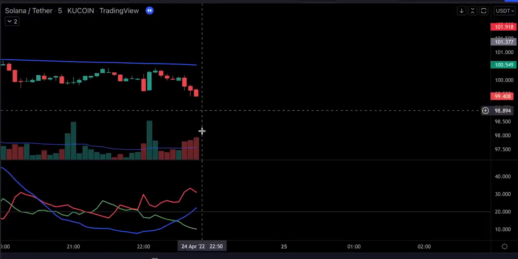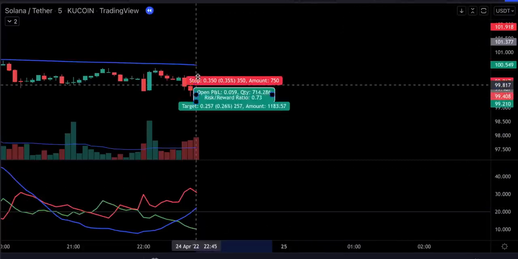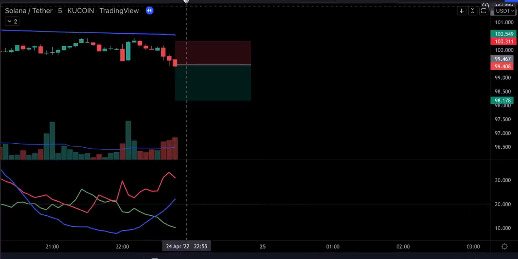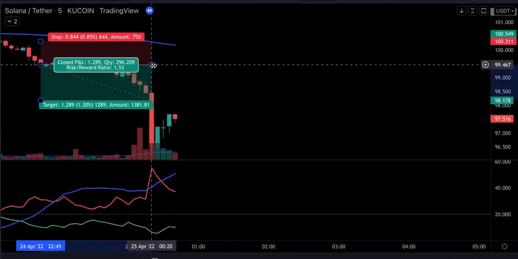Here we've got another short signal, and this signal is valid. Okay, so we see our second trade turned out to be profitable as well.